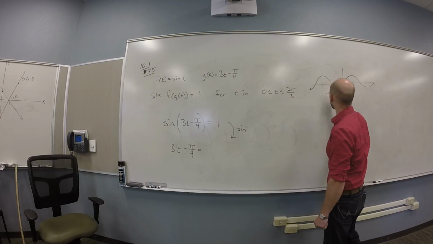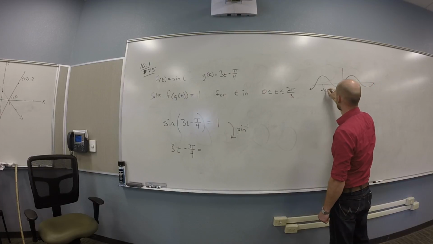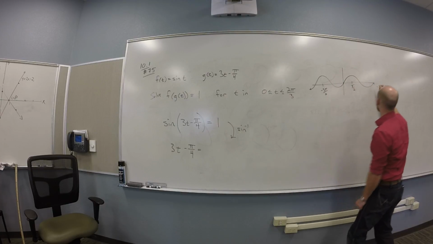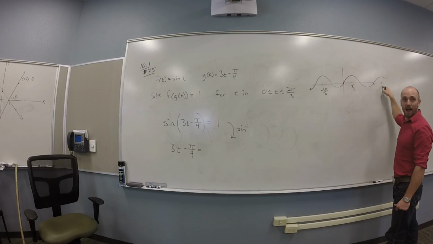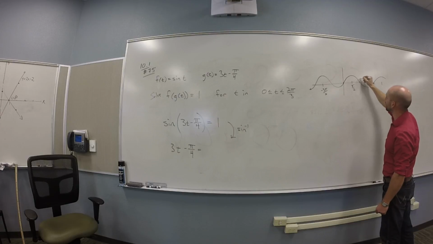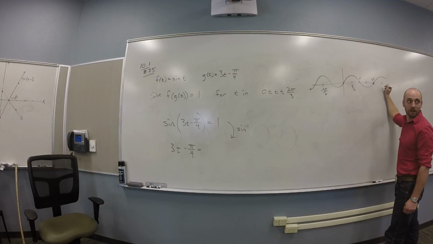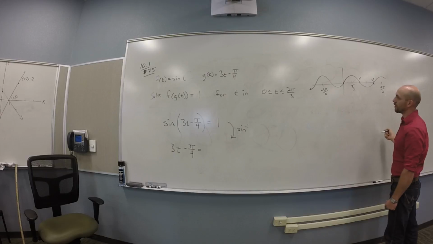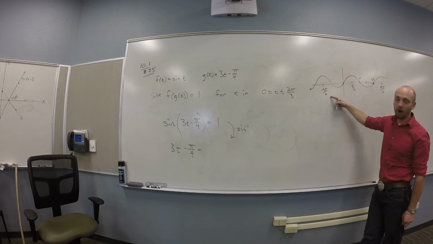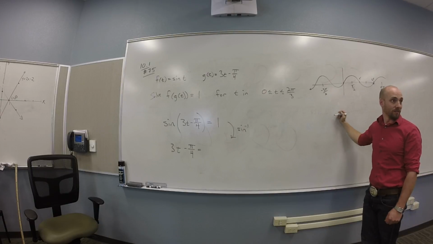Where's the next top? That'd be at 5 pi over 2. So it looks like sine is 1 at the odd pi over 2s. You guys with me on that?